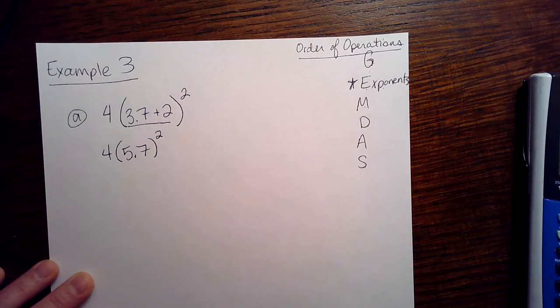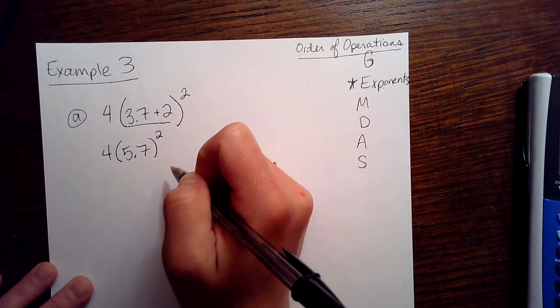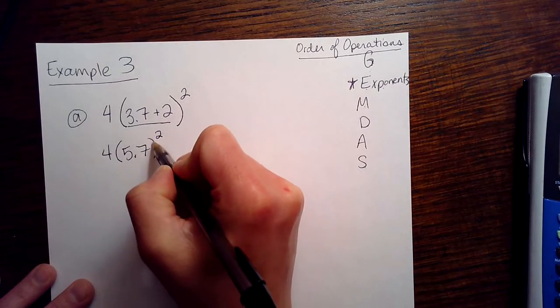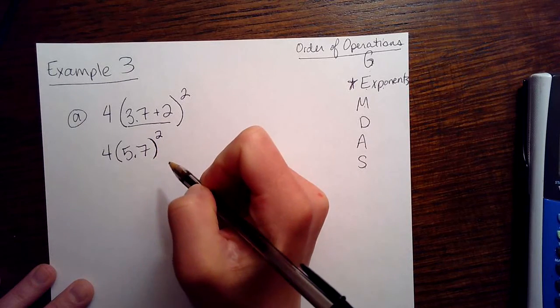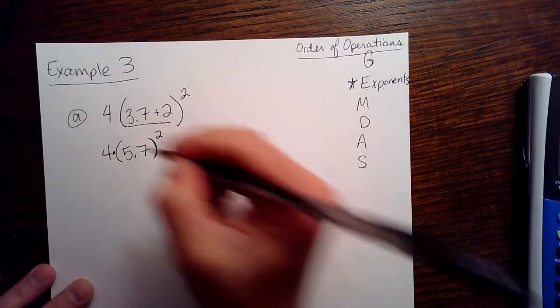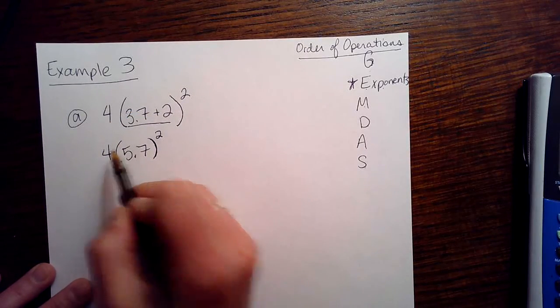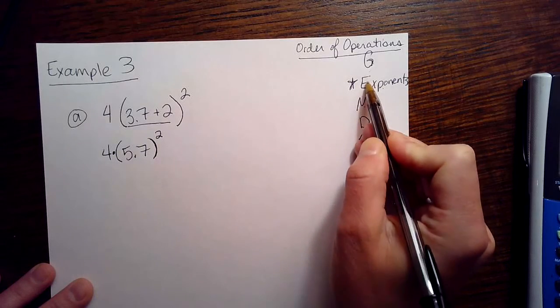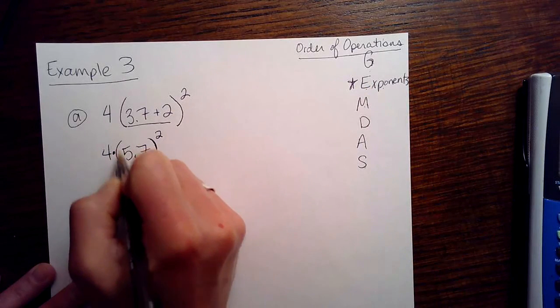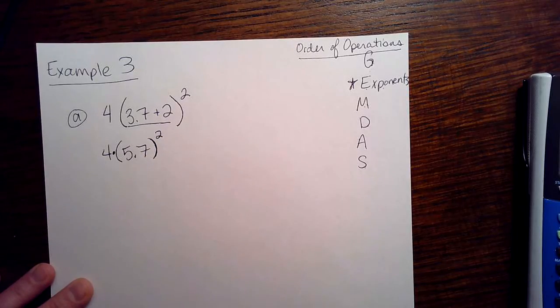Next is exponents. So what is the base? Well, let's see if we can put something explicitly that was implied. That 4 parentheses really means 4 times. Well, multiplication comes after exponents, so I'm first going to do my 5.7 base to the second power.